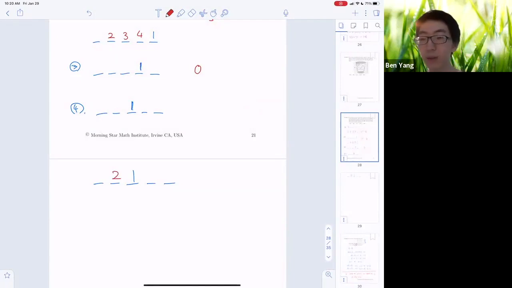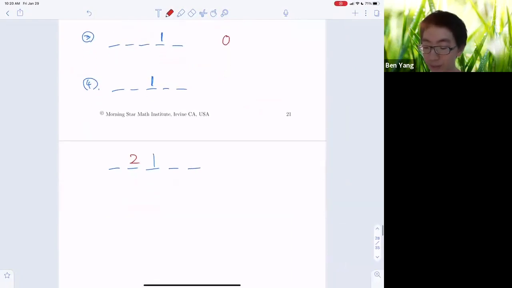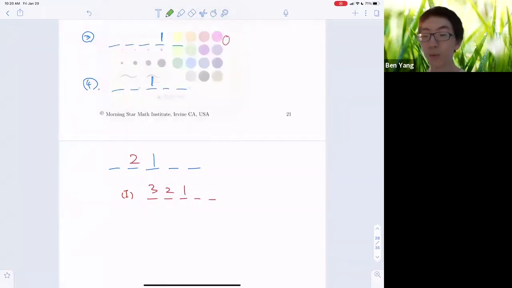And now the third person's seat has been taken, so he needs to take a random seat. So 3 subcases. First case, the third person is going to take the seat number 1. That's good because the fourth person is going to take seat number 4, and that's what we want.